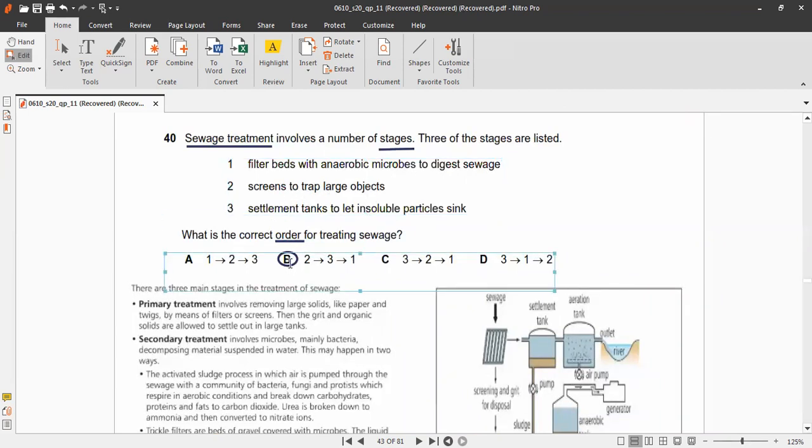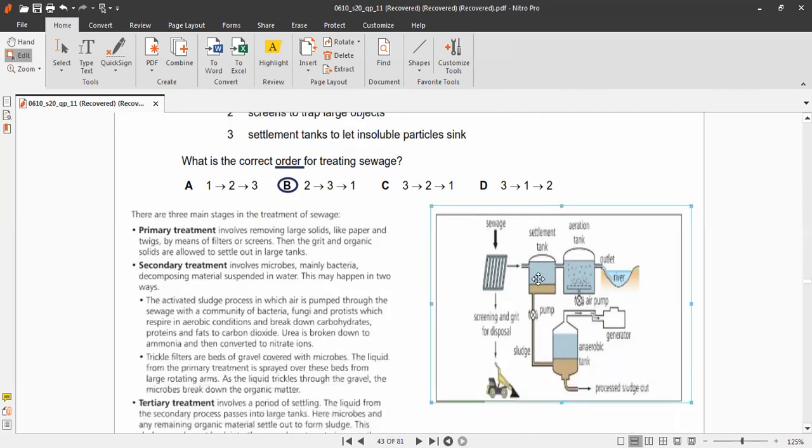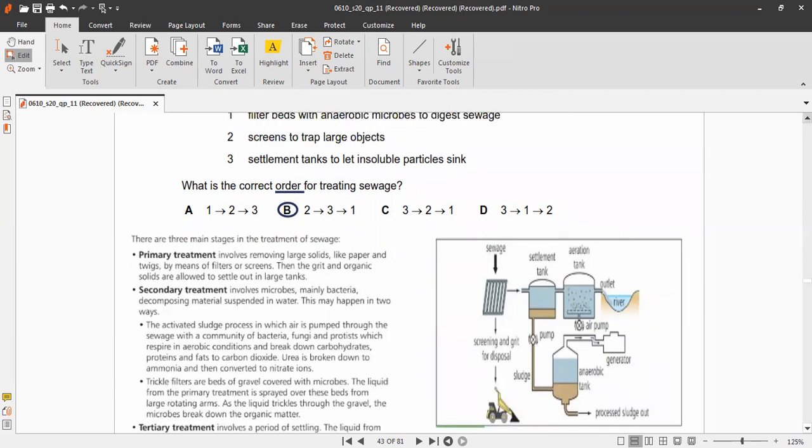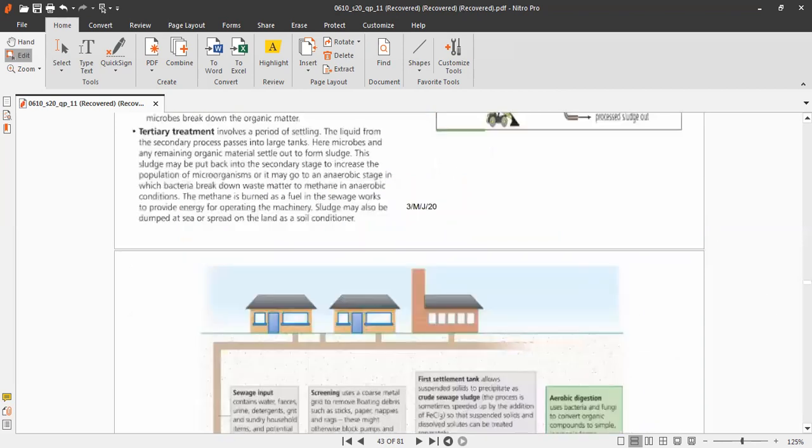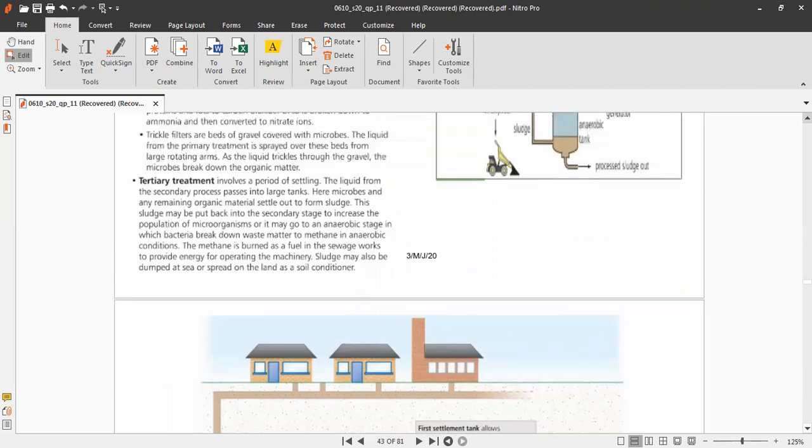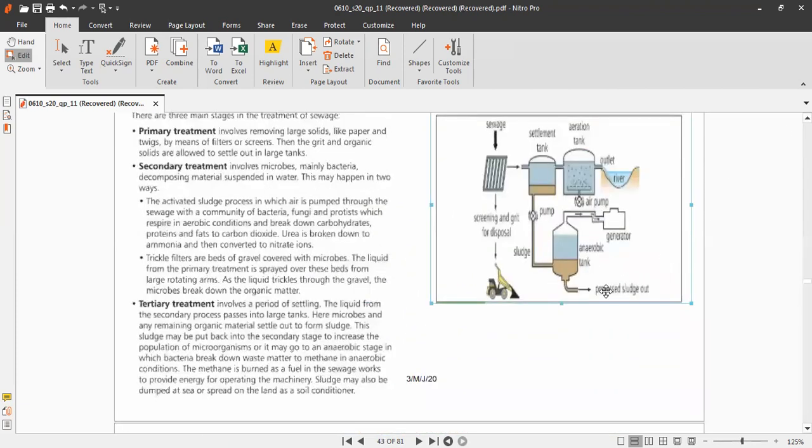So the correct order is B. Screens to trap large objects, then settlement tanks to let insoluble particles sink, and then filter beds with anaerobic microbes to digest sewage. Here, anaerobic tank to digest sewage.